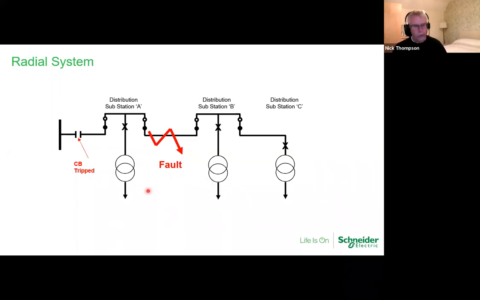Now, if we know where the fault is, it's going to be easy, and we can do something about restoring supply to one of the substations, which happens to be A. So once we know where the fault is, we can work out what the switching schedule is going to be safely. That switching schedule will be written by an authorized person, probably signed off by a senior authorized person, and then the switching would commence. So here we've isolated the faulty piece on the left-hand side.